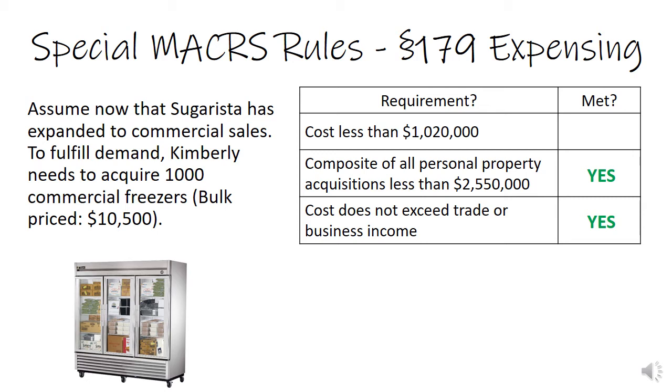Now let's see what would happen if one of those conditions was not met. In this case, the cost requirement is violated because Kimberly has acquired 1,000 commercial freezers at a price of $10,500.